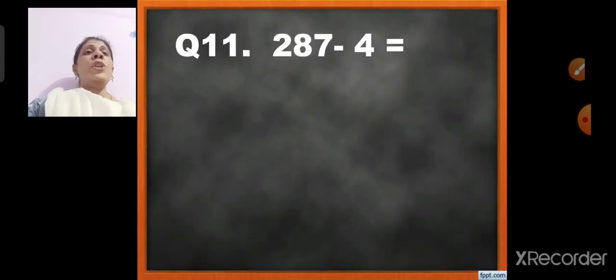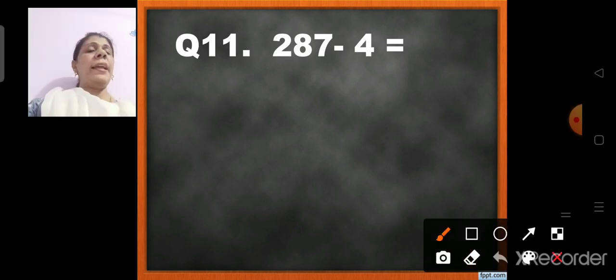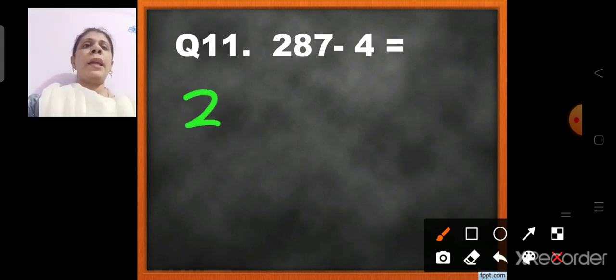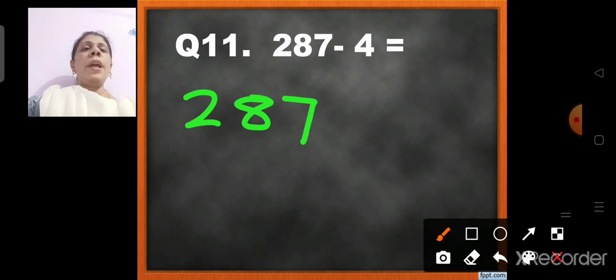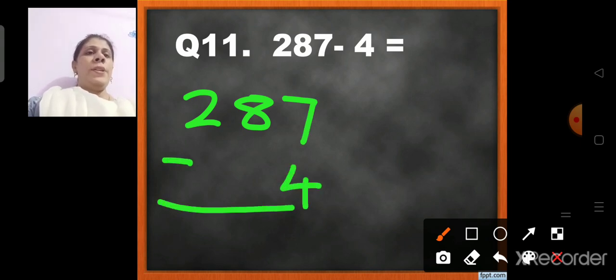Question number 11. 287 minus 4. What is the answer? Let us subtract and see. Children, again this is mental maths. You have to do the sum mentally. I am showing you the working, how you will be doing this. Okay, 287 minus 4. So 7 minus 4, after 4, 5, 6, 7.